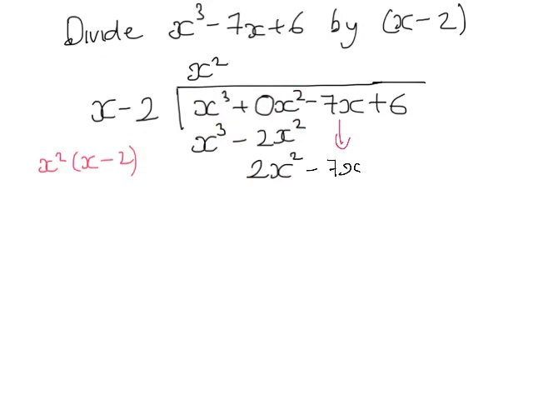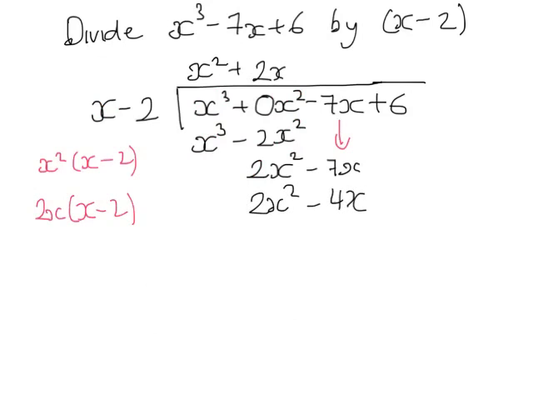And we're going to repeat this process. How many times does x go into 2x squared? Or what's 2x squared divided by x? 2x squared divided by x is positive 2x. So now we need to multiply our divisor by 2x, and we get 2x squared minus 4x.